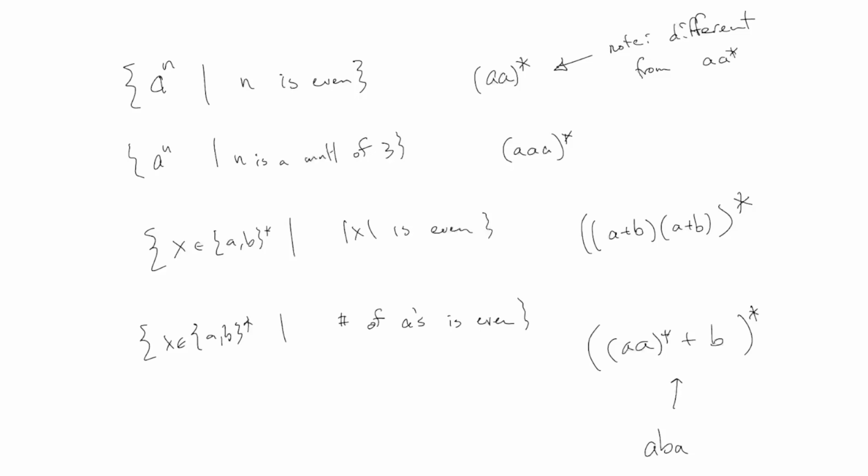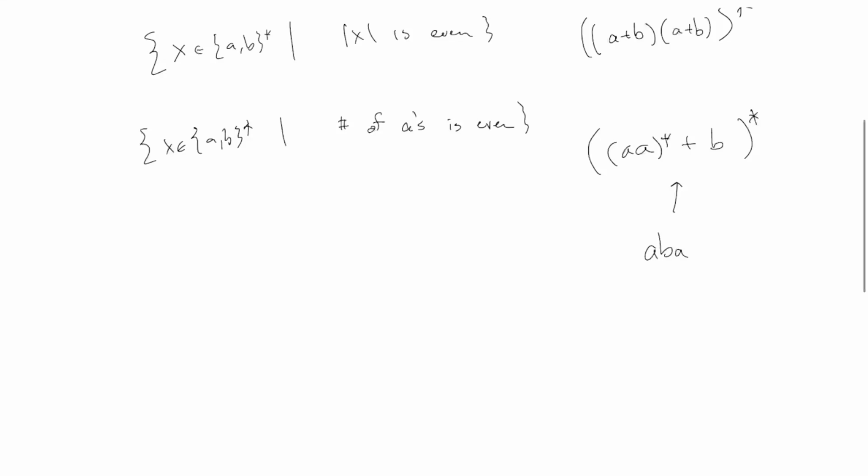I think actually the idea that I have in mind doesn't really look a lot like that. I mean, kind of. But any other idea? Yeah? Is it B star, and then in parentheses, AB star, and then star those parentheses?